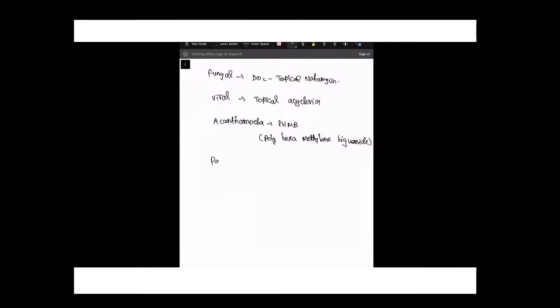To manage the pain, we use cycloplegics, that is, cycloplegic paralysis.